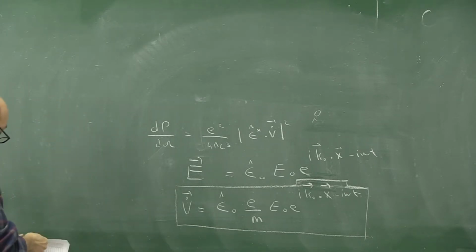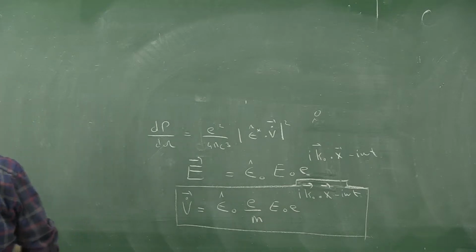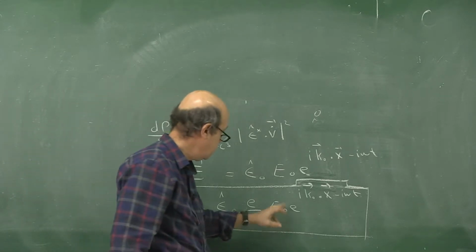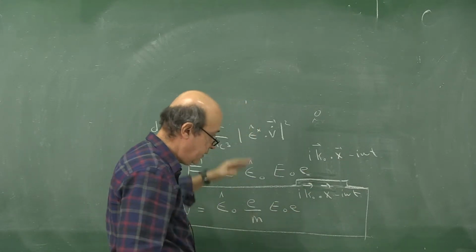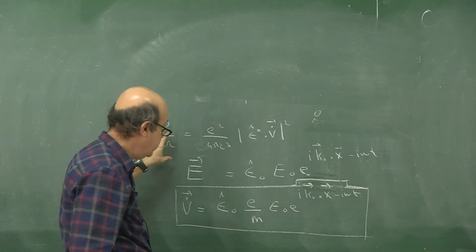So basically, this is pretty simple. We have power emitted per solid angle at any instant, but as you see, the field is oscillating at frequency omega, and therefore the acceleration is oscillating at frequency omega, so we have to take the one cycle average of this.